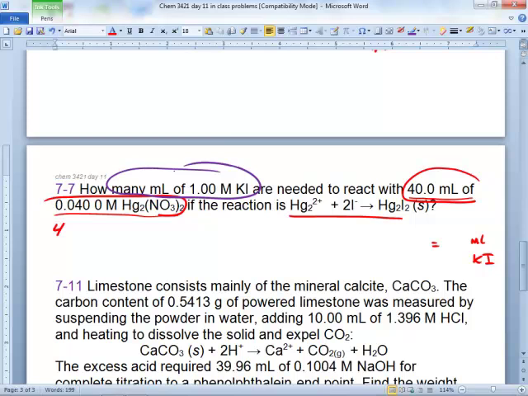But I'm going to start here because I want to convert to moles. Because if they tell me volume and concentration, I know moles. And then it's logical. I know the moles of this stuff. Use the mole bridge to get the moles of the other guy, and then I can get into volume. It just seems more logical to me, so I'm going to do it that way. I'm going to start with the 40 mils and convert that to liters, right, 1,000 mils in a liter.